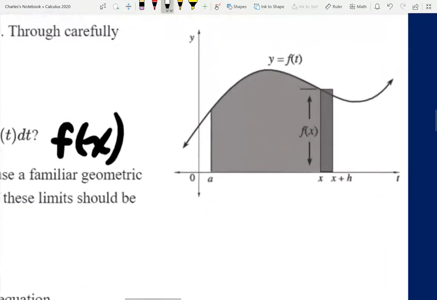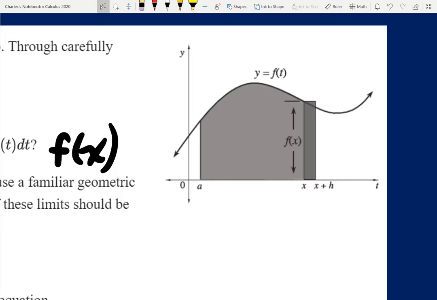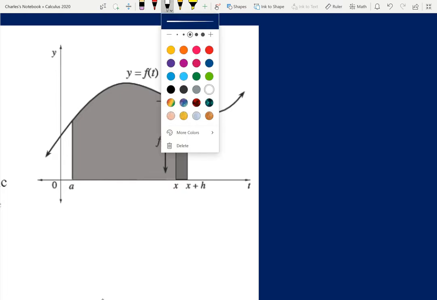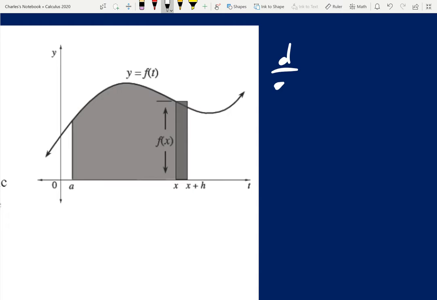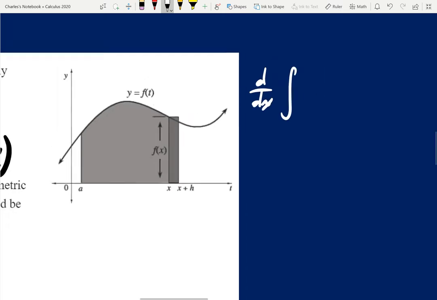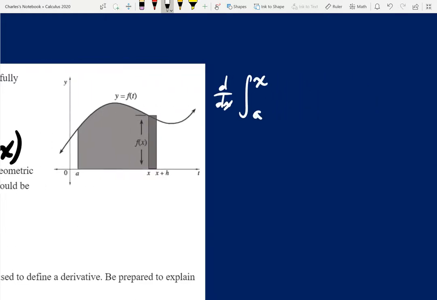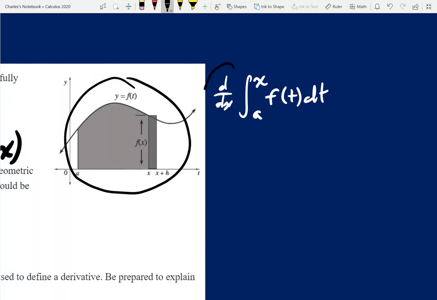And another way to think about it is, what's this expression saying? We have an integral, right? The integral goes from a to x. This part right here is saying, by how much does that area change when x changes slightly?